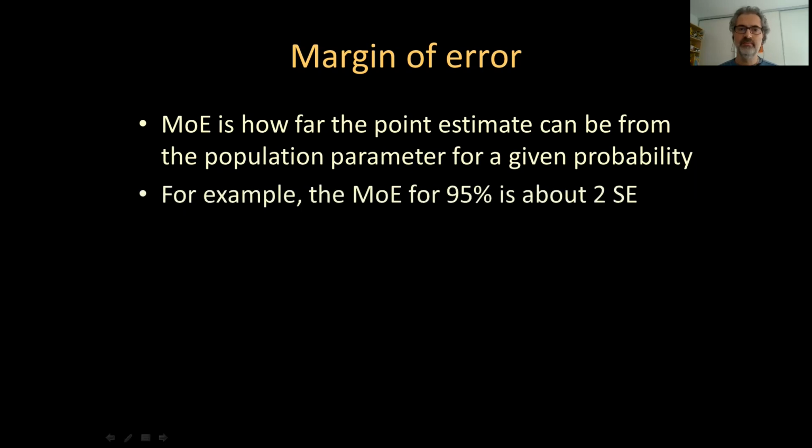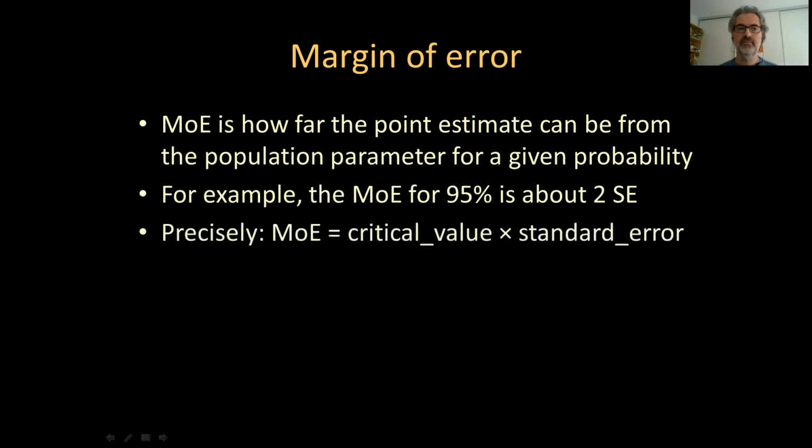For example, for 95% probability would be about 2 standard errors, but we want the exact number, which we can look up, and more precisely, the margin of error is given by multiplying the standard error by this critical value, which, if we're talking about 95%, is going to be around 2.